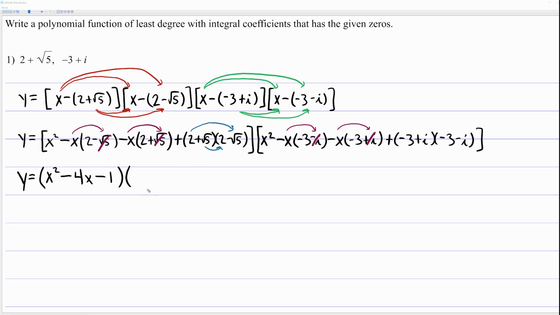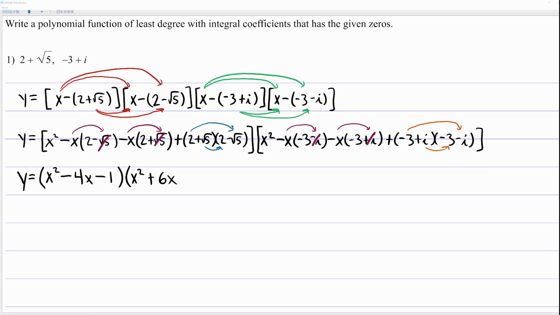We have x squared. Remember, plus ix minus ix, those canceled. We have plus 3x plus another 3x, so that's plus 6x. And then again, when you multiply complex conjugates, we're going to have plus 3i minus 3i.